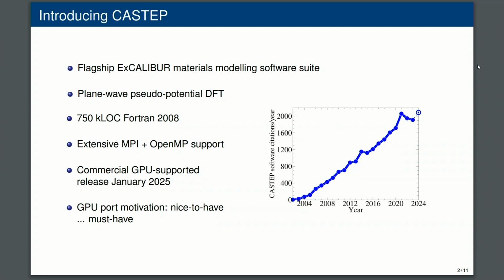When I was preparing this slide, I was thinking about whether I need to provide a motivation for a GPU port for a code. Seeing as though I'm at an HPC conference, I thought maybe not. But suffice to say that when we started the project, probably about 7 or 8 years ago, the idea of a GPU port for a DFT code was kind of a nice thing to have. People were saying, okay, well, it'll speed things up. How fast will it go?